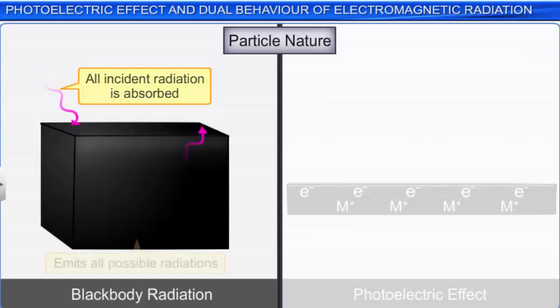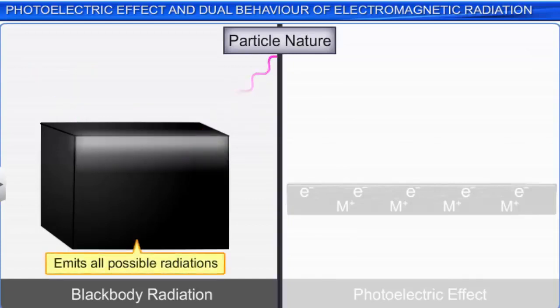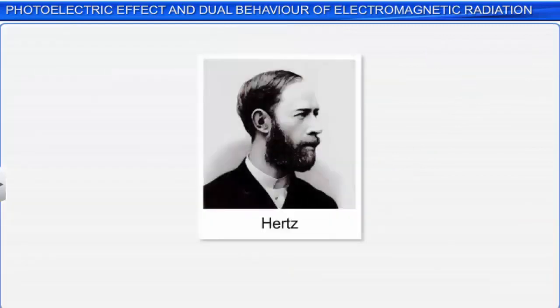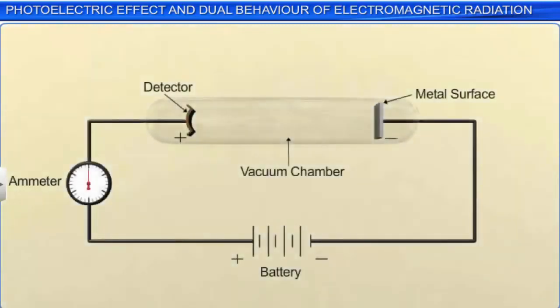In the previous module, we have learnt about the emission of radiation from a black body on the basis of particle nature. Now let us look at the photoelectric effect, which is also explained on the basis of particle nature. In 1887, Hertz performed an experiment in which he observed that when the surface of certain metals, such as cesium, potassium, sodium, rubidium, and so on, are exposed to a beam of light as shown, electrons were ejected.